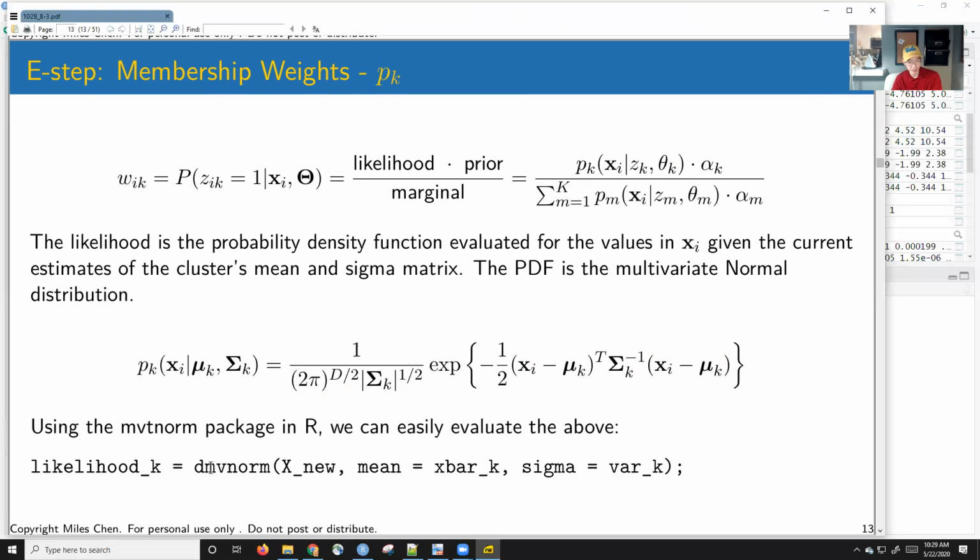We can just use the density function, the d function for the multivariate normal, and give it the new x value, whatever x sub i value we're calculating here, given x bar and the variance of k.